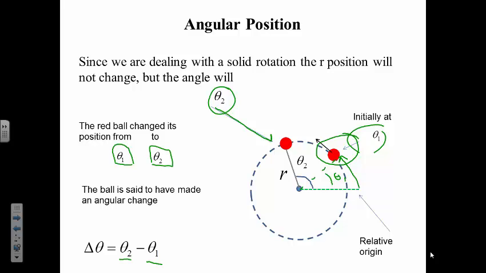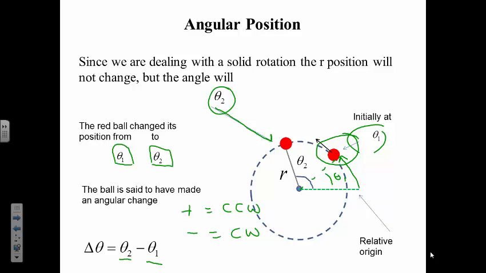So if you have a positive delta theta, you rotated counterclockwise. If you have a negative delta theta, you're rotating clockwise. So positive is counterclockwise and negative is clockwise.